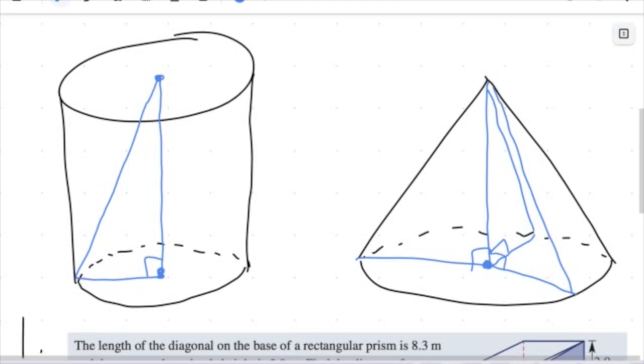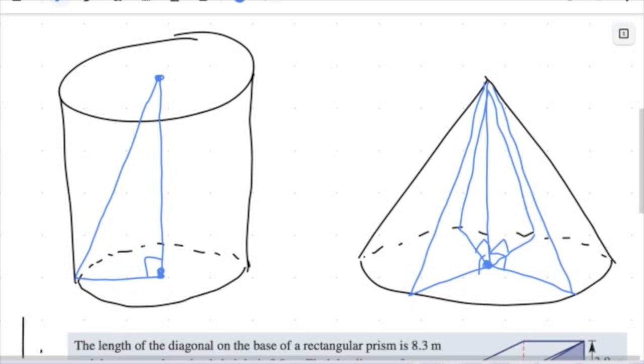Now this is maybe hard to visualize, and it looks a little bit messy here. That's why I gave you that example before, but we can locate a bunch of these right angle triangles in a lot of our 3D shapes, and that's what we're going to be doing in this video.